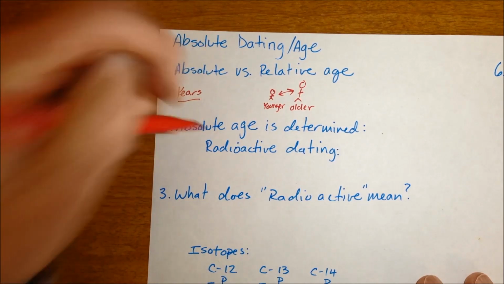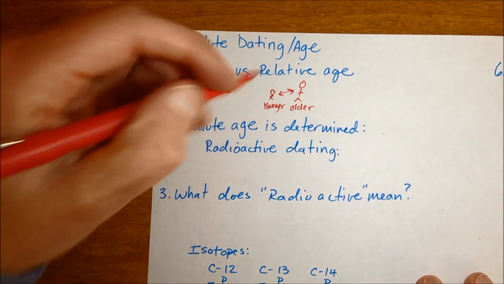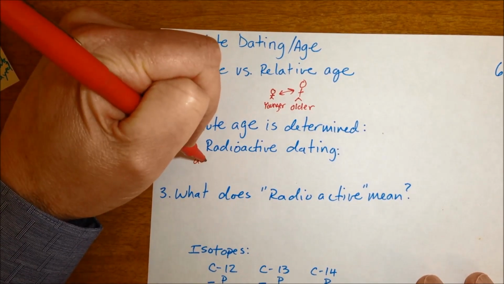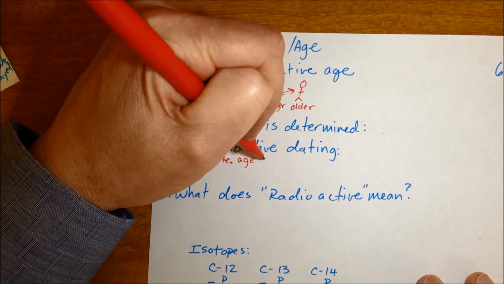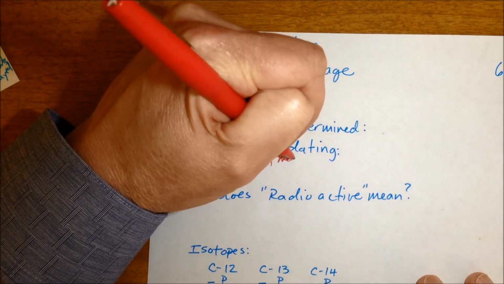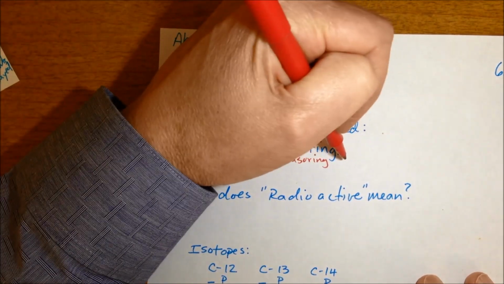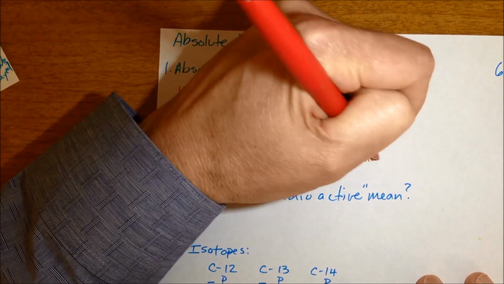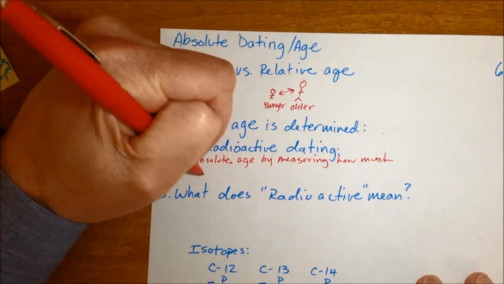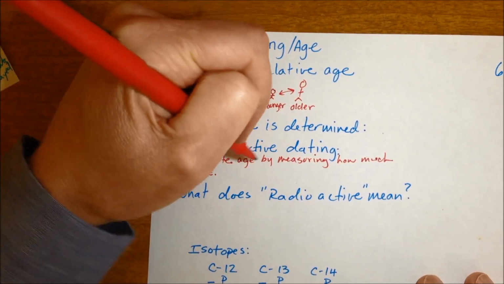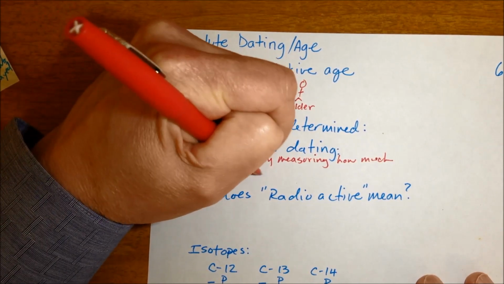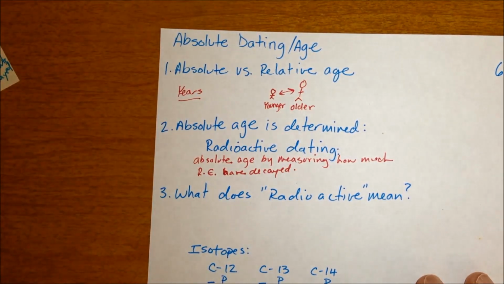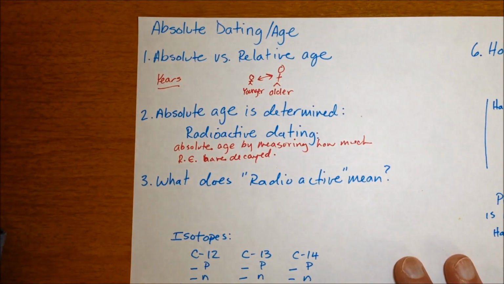Radioactive dating helps determine absolute age by measuring how much radioactive elements have decayed in the sample. So they measure how much radioactive elements have decayed, and from that they can calculate the age of the rock or the fossil, the object.